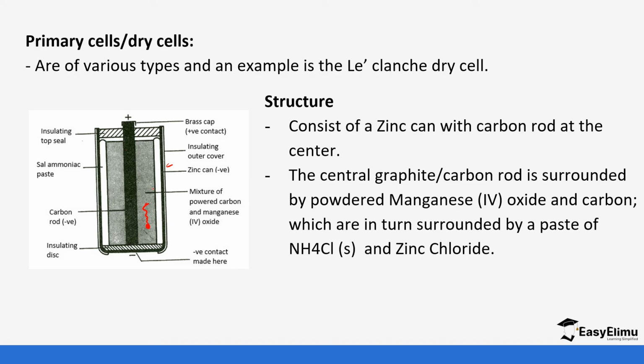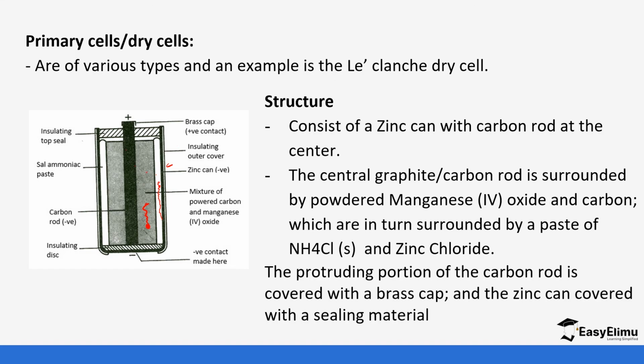So you have the carbon rod, the manganese(IV) oxide and carbon mixture, and then the ammonium chloride and zinc chloride paste. The protruding portion of the carbon is covered with a brass cap and the zinc can is covered with a sealing material.